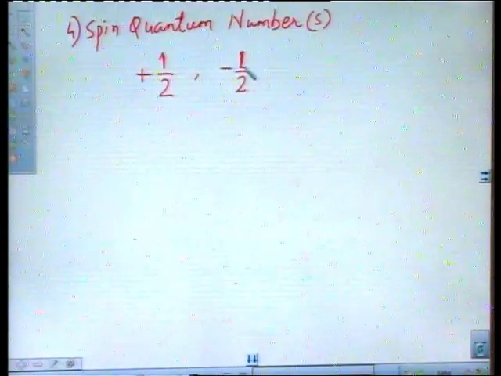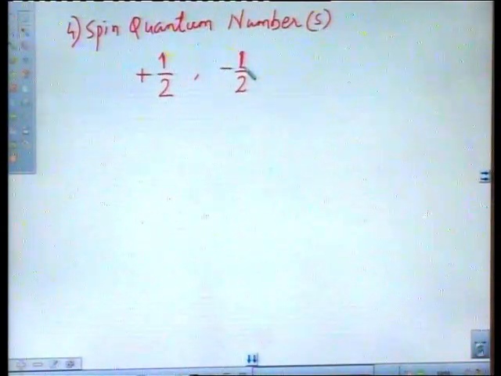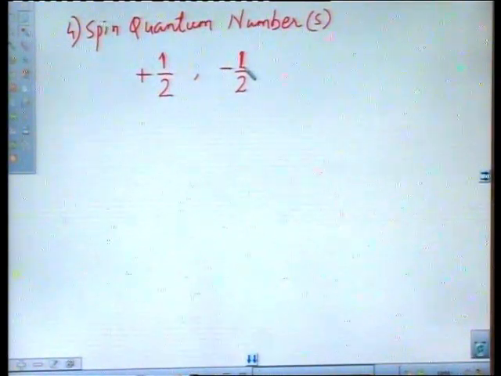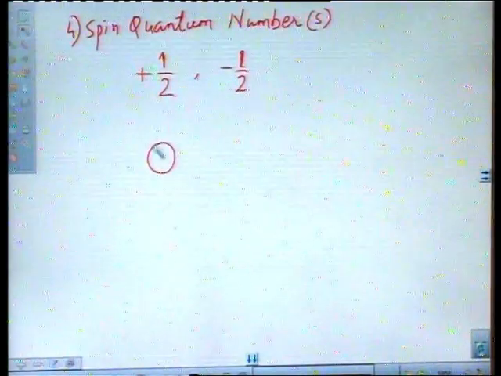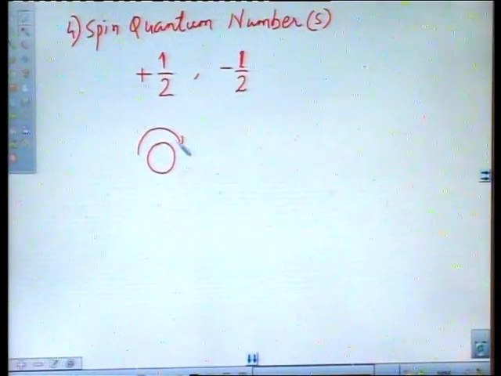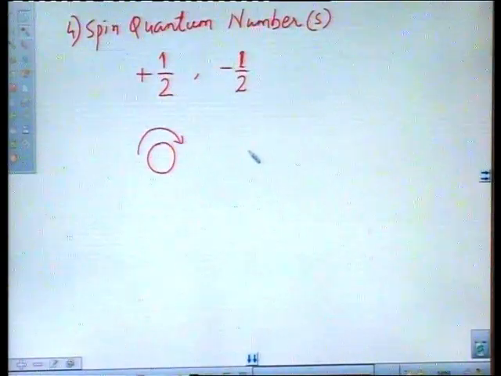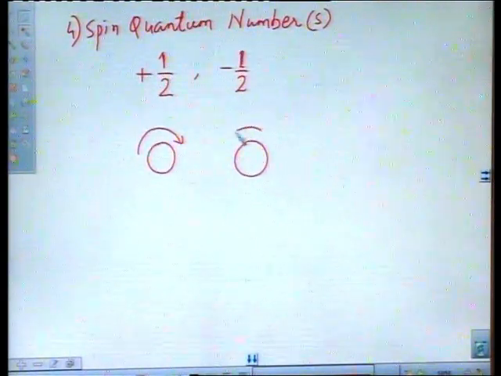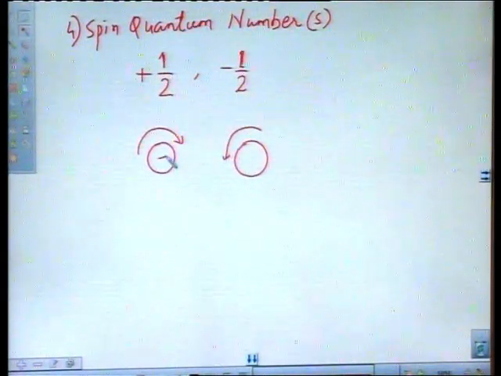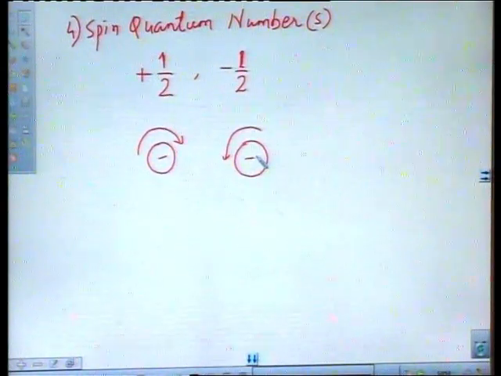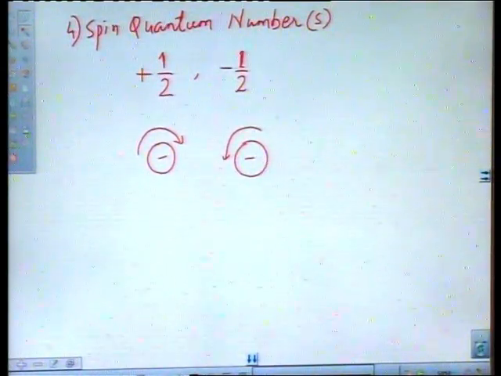Plus half is for when the electron is moving clockwise, and minus half is for when the electron is moving anti-clockwise.